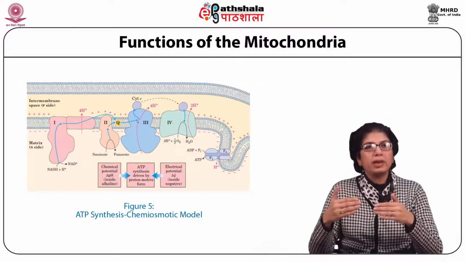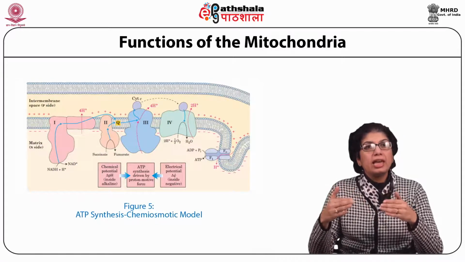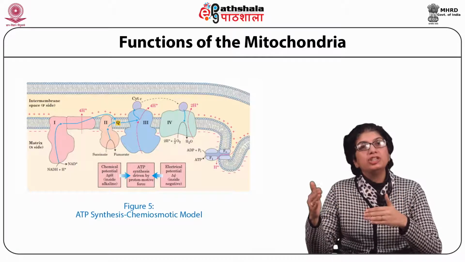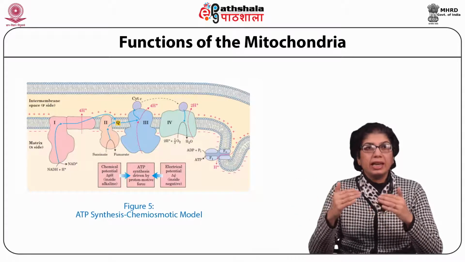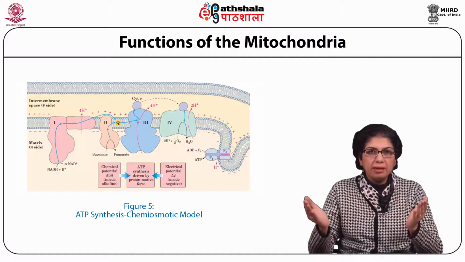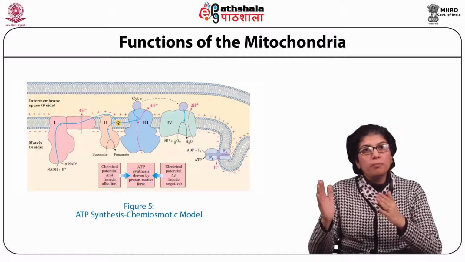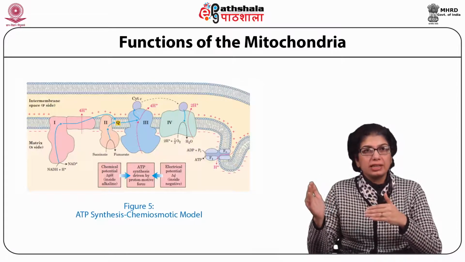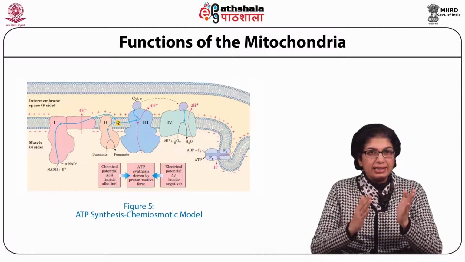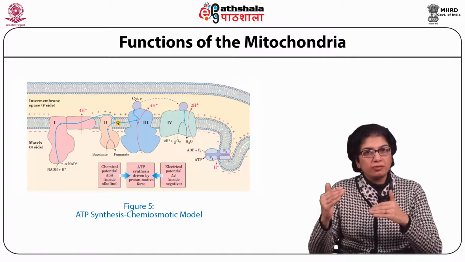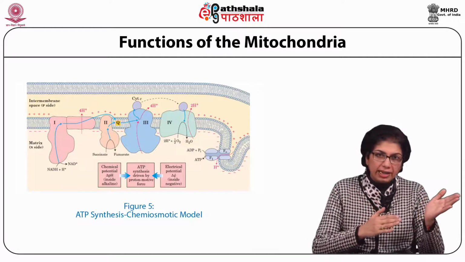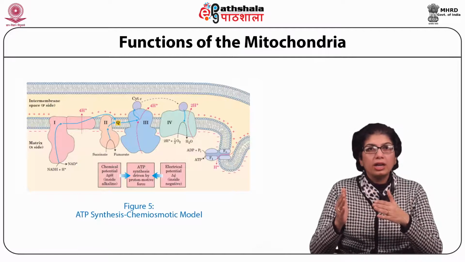The first complex, or complex 1, is called the NADH dehydrogenase. It is a large enzyme composed of 42 different polypeptide chains and catalyzes the electron transfer from NADH to ubiquinone.